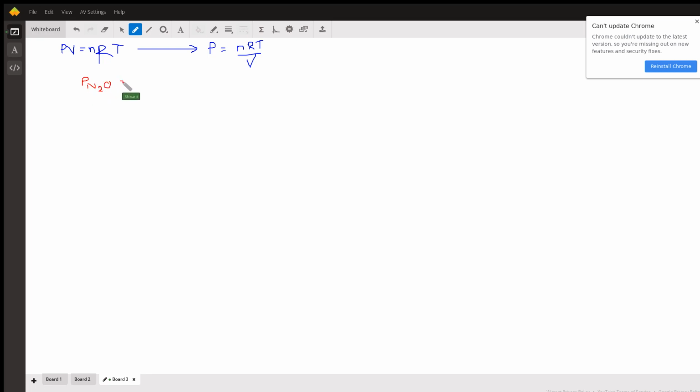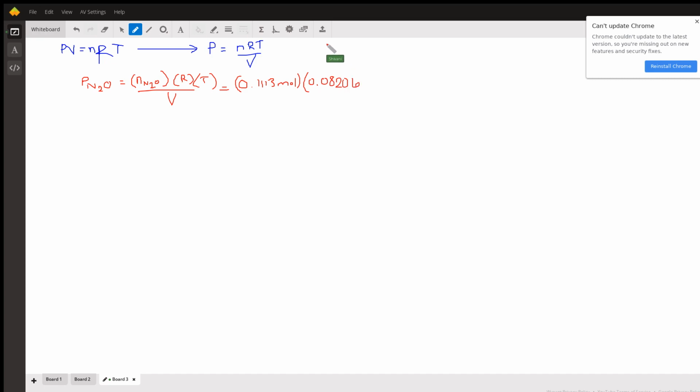P of N2O is equal to the moles of N2O times R times T divided by V. Now, if we recall the values, the moles of N2O was 0.1113 moles. R is 0.08206.